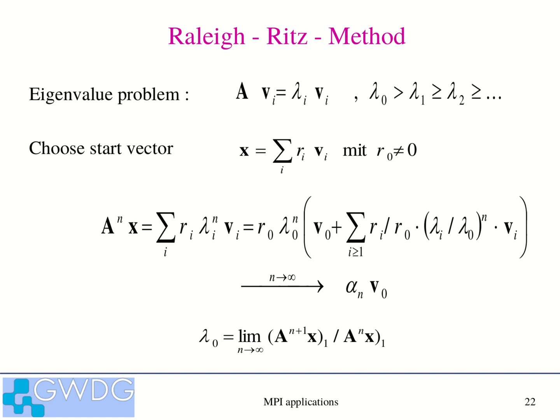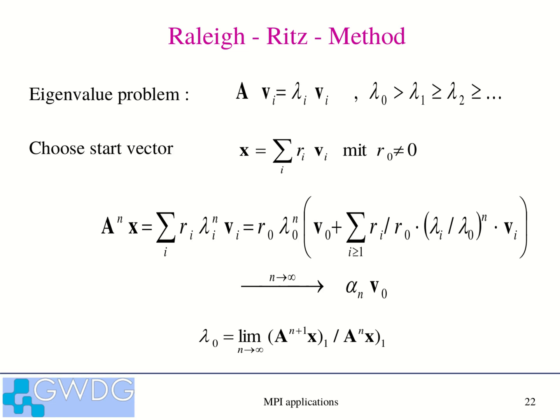If I use any start vector, a linear combination of the eigenvectors with some coefficients, and then apply the matrix product n times to this start vector, then I will project out the largest eigenvalue: the nth power of the largest eigenvalue is multiplied by the eigenvector corresponding to the largest eigenvalue, and all the other eigenvectors are multiplied by a number which is the next eigenvalue divided by the largest eigenvalue to the power of n.